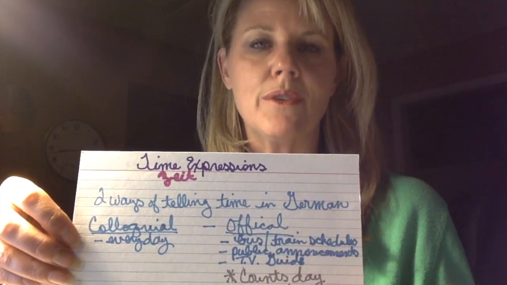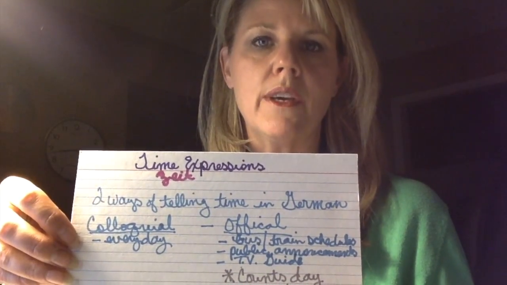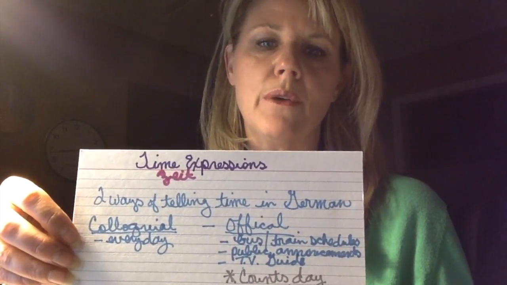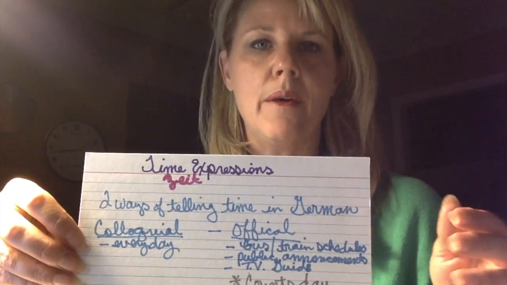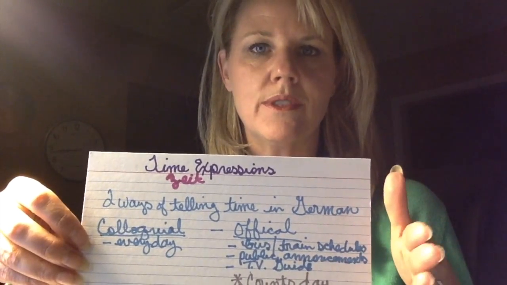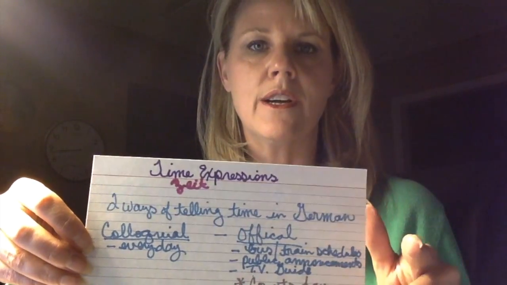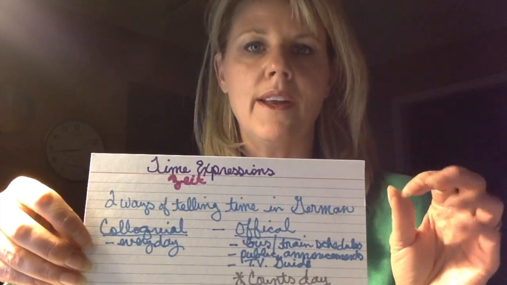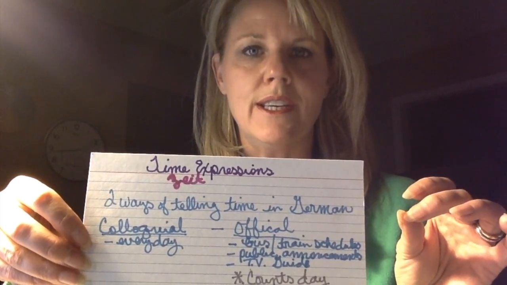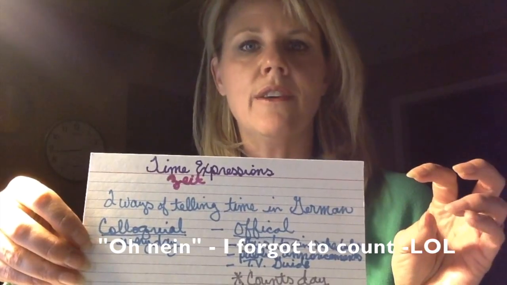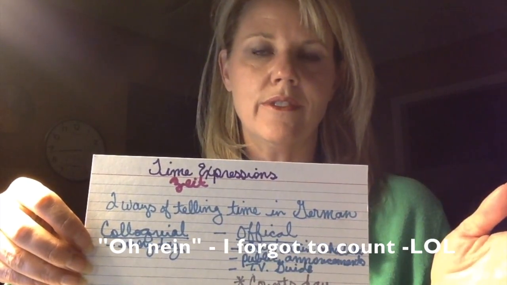This is also known as our military time, when we count the day from 0 to 24. Noon still is 12 o'clock, but then you would start counting 1 is 13, 2, 14, 3, 15, 4, and so on.